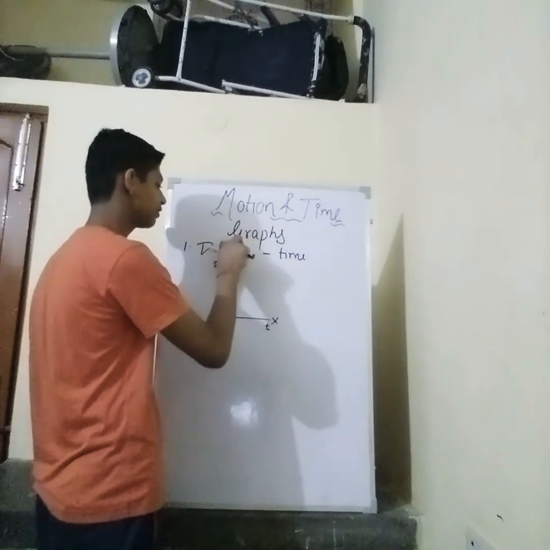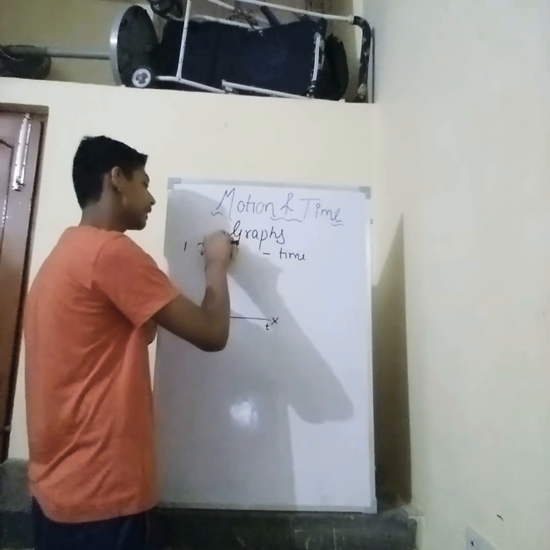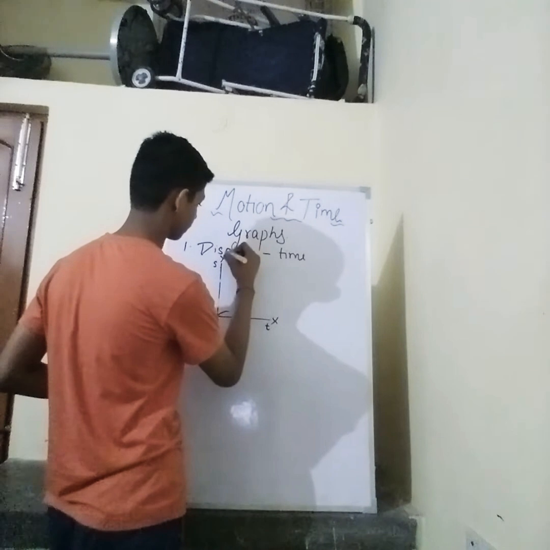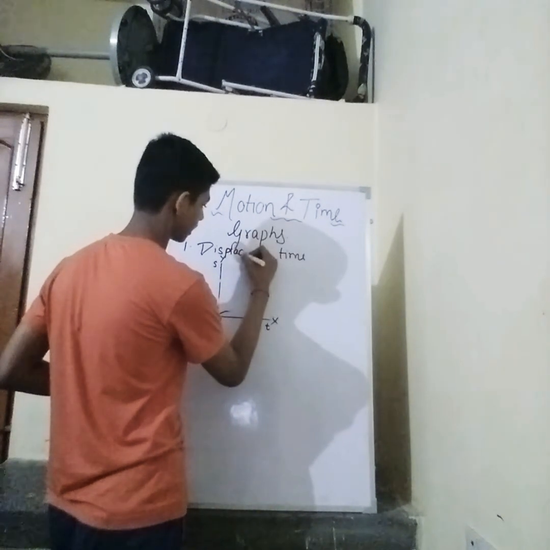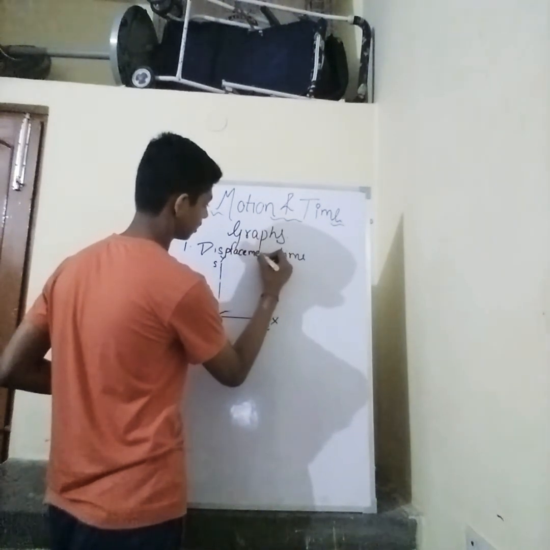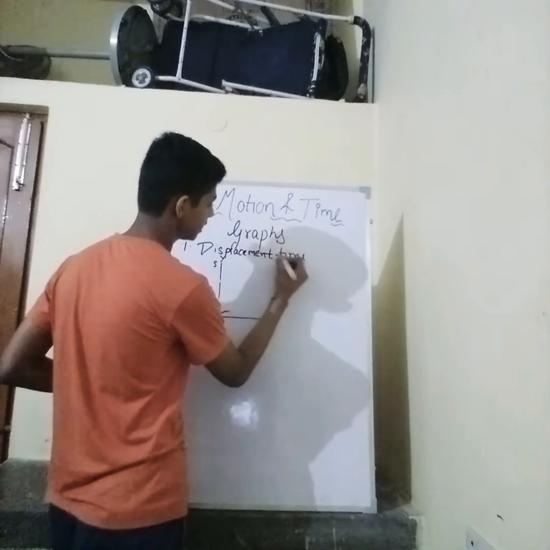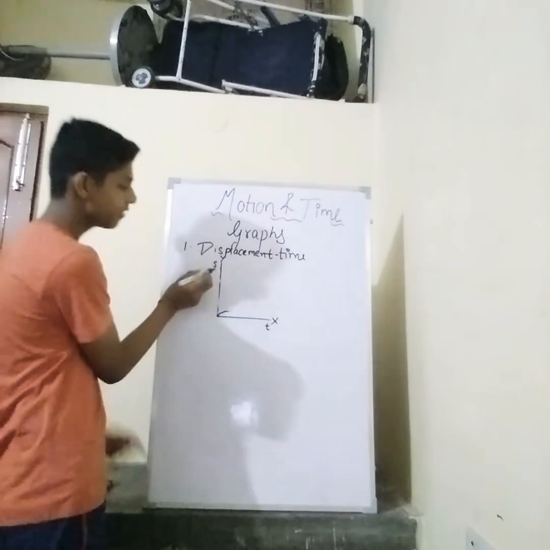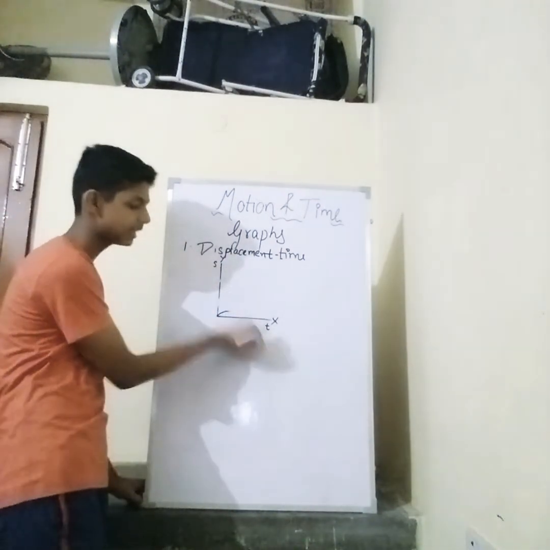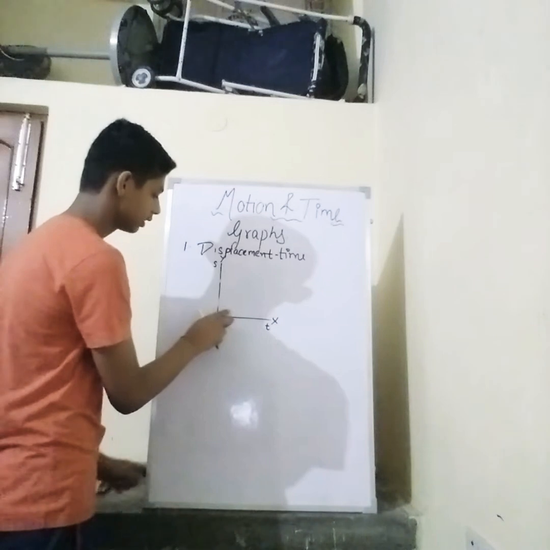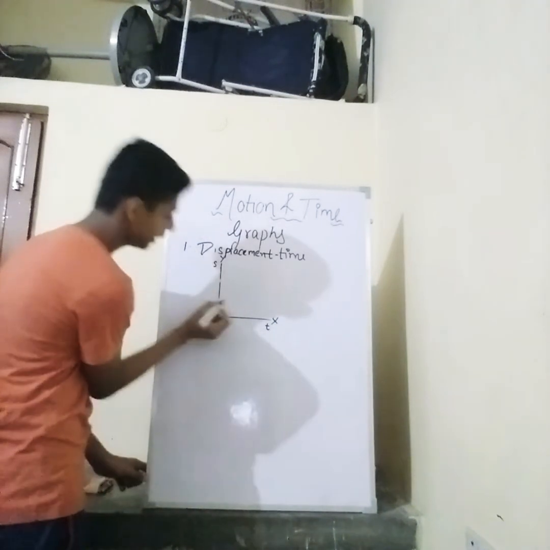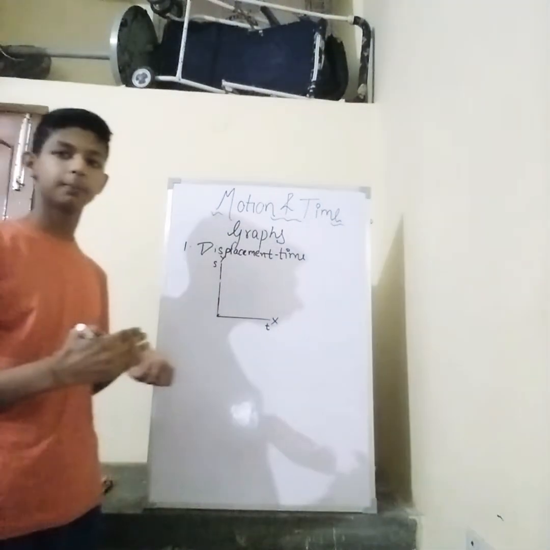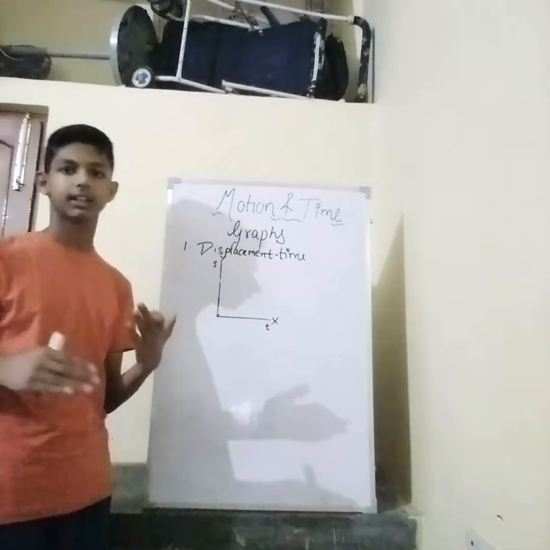The displacement time graph is also somewhat the same as the distance time graph. S is for denoting displacement and T is for denoting time. Now, if an object is at rest, it means its displacement is not changing.